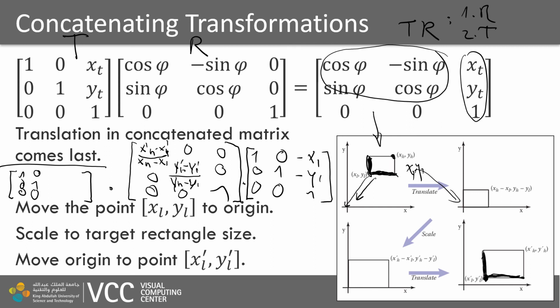There is nothing happening with the linear transformation part, and here I will put which vectors? Plus X prime L and plus Y prime L and 1. And this will be my translation matrix, which will bring me from the coordinate origin, this point, to here, and correspondingly also all the other points.